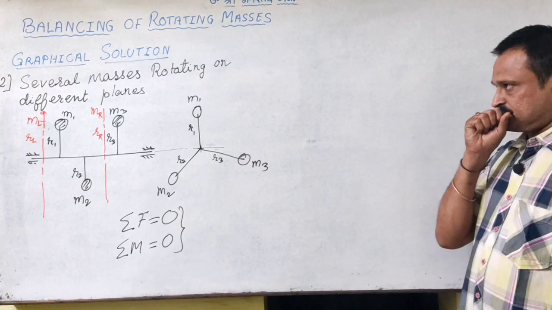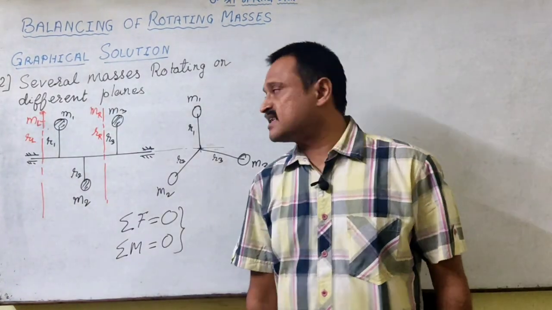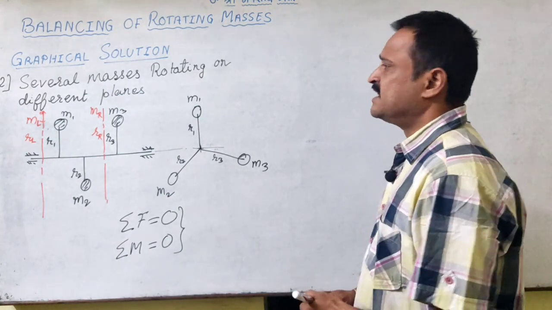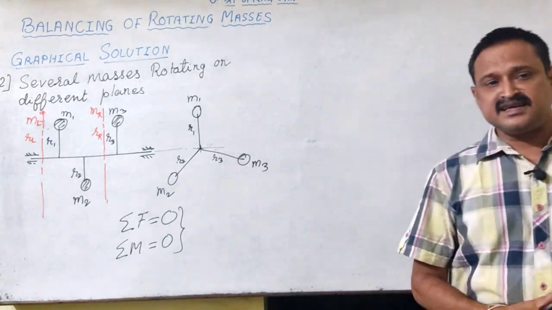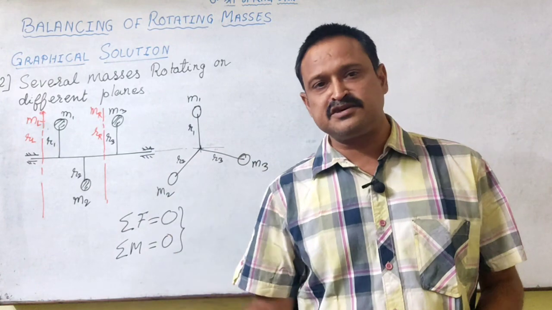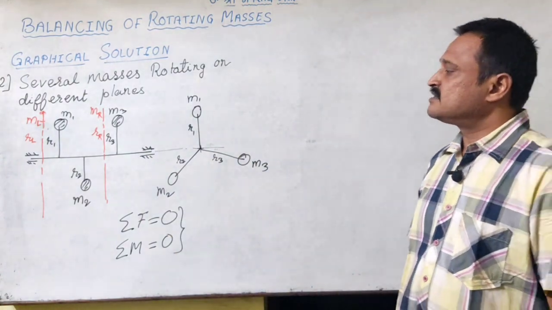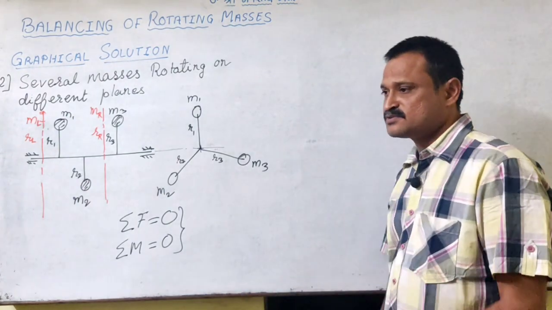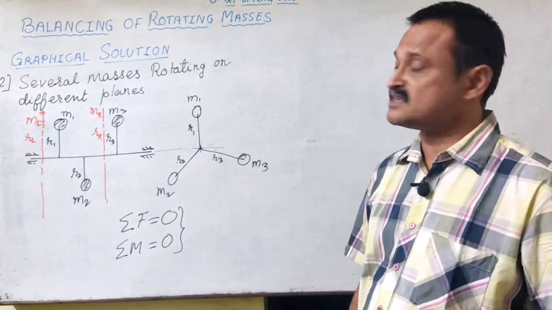Now as we have seen in the earlier case, where we have drawn the force polygon and we could determine the resultant, and opposite to resultant we got the direction of the force due to the balancing mass, which is going to balance the entire system.